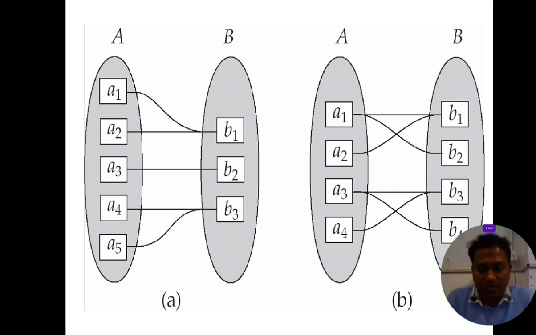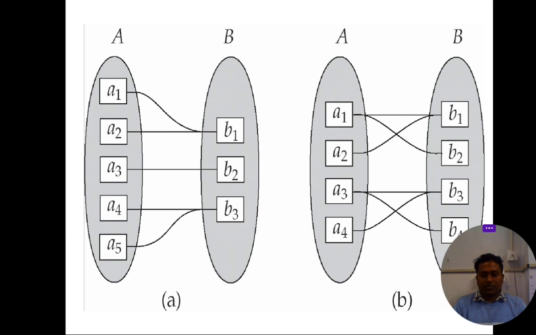In the attributes of B, every attribute B1, B2, B3 is connected with the main attributes from A, like A1, A2, A4, A5. They are connected with B1 and B3, and A3 is only with B2. It's very possible.